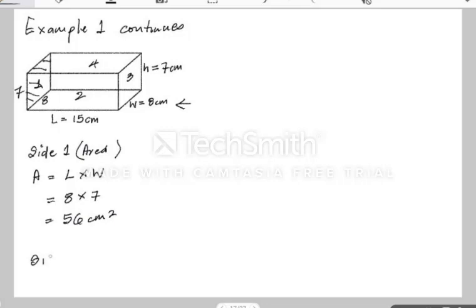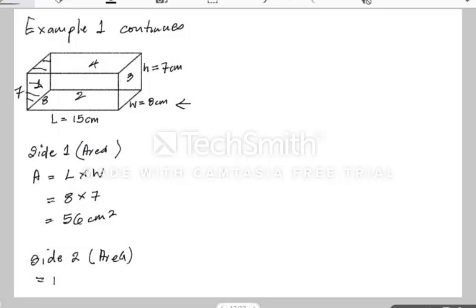The area of side 2 would be equal to the length times the width. Side 2 is at the front, where the length is 15, and the width is still what? 7.